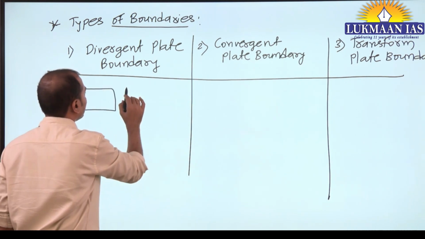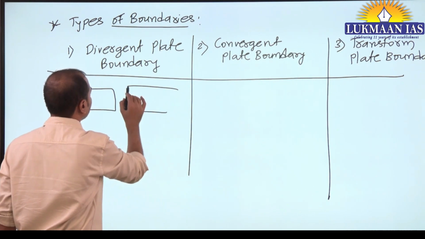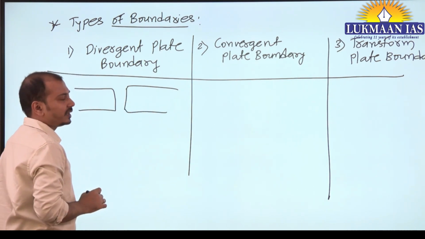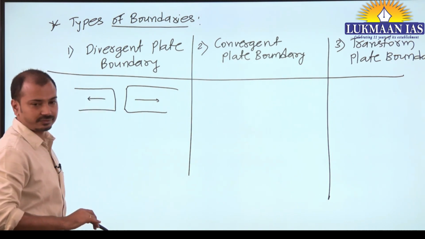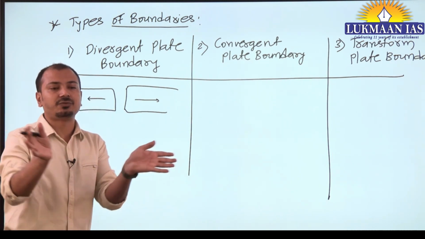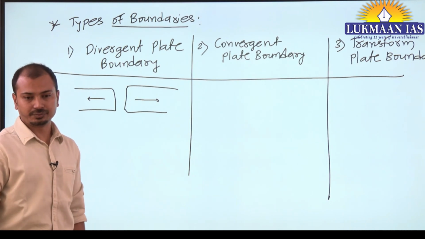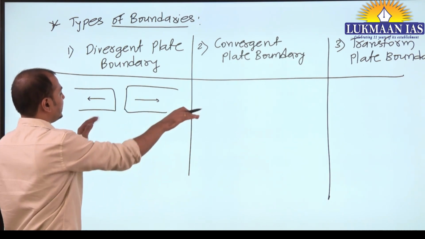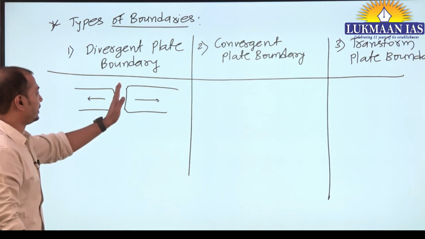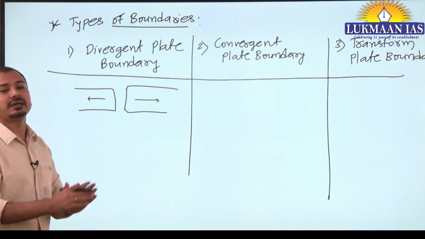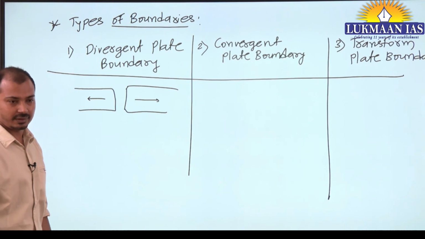Suppose this is one plate, this is the other plate. And divergent plate boundaries means basically they are diverging from each other. So there will be opposite forces acting on these two. One is moving in this direction, other is moving in this direction. This boundary between these two will be called divergent plate boundary.